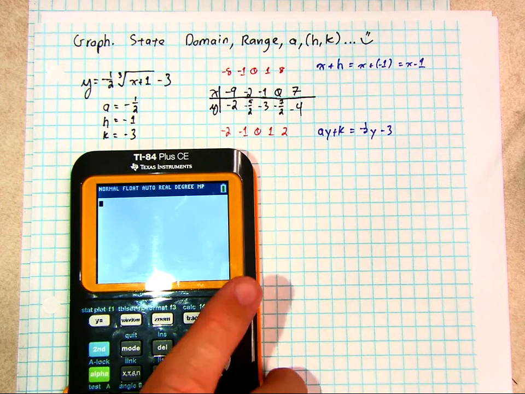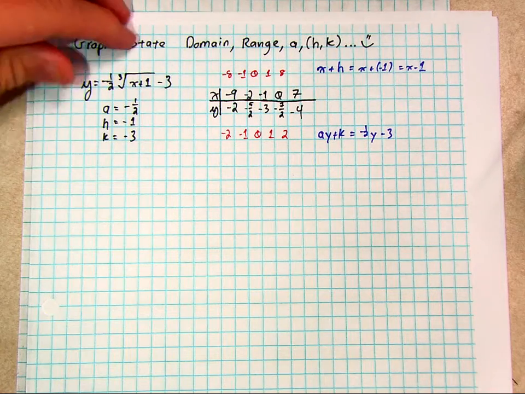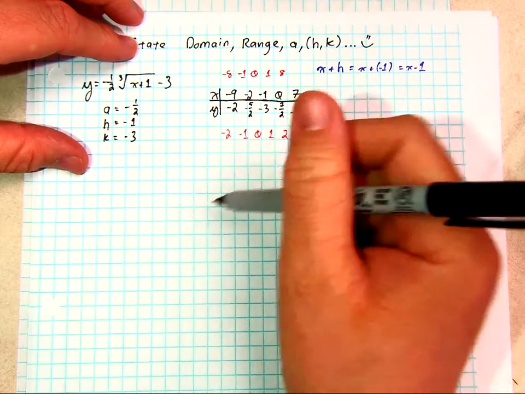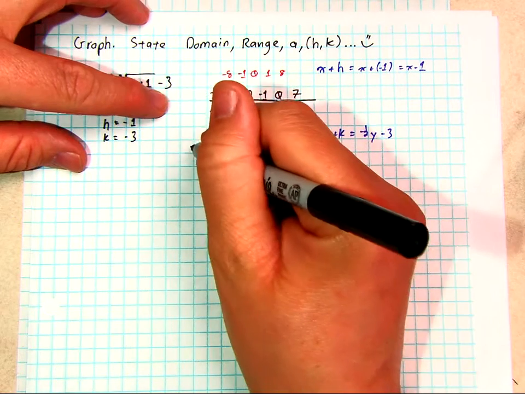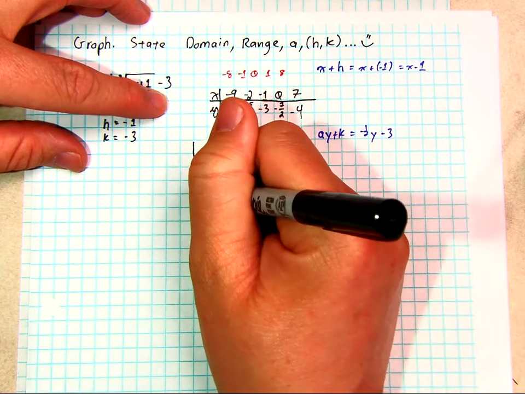Okay. So let me graph this one by hand, and we'll see how that came out. As you can see, the x values cover a wide range. The y values don't cover as much, so I don't need quite as big or quite as tall a y-axis.